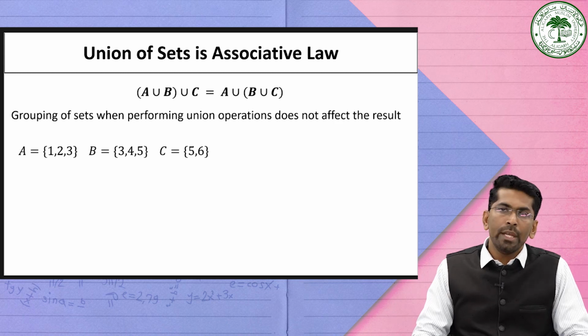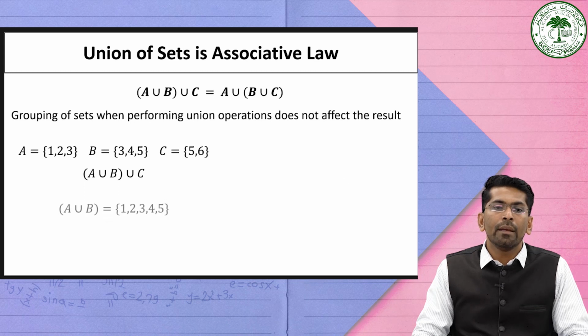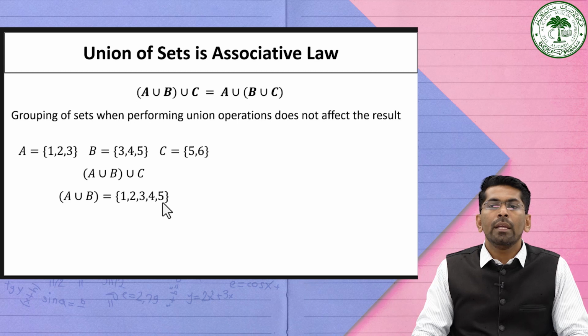Then we take the left hand side of the formula, that is, (A union B) union C. First we calculate A union B. So A union B is {1, 2, 3, 4, 5}.